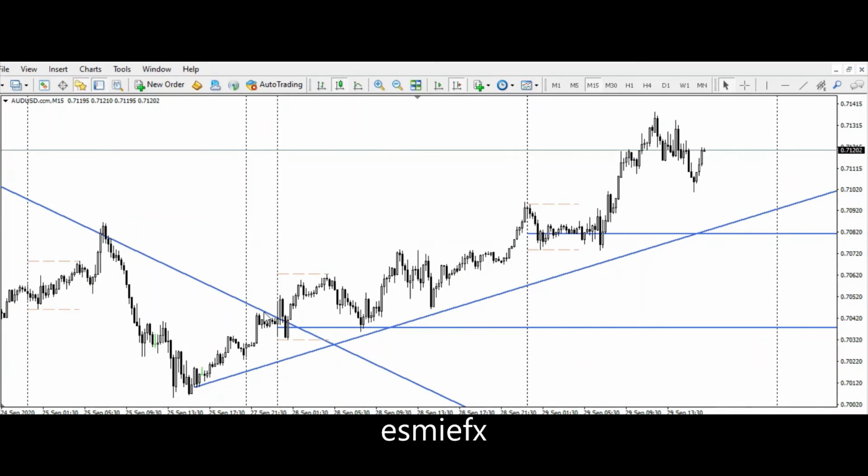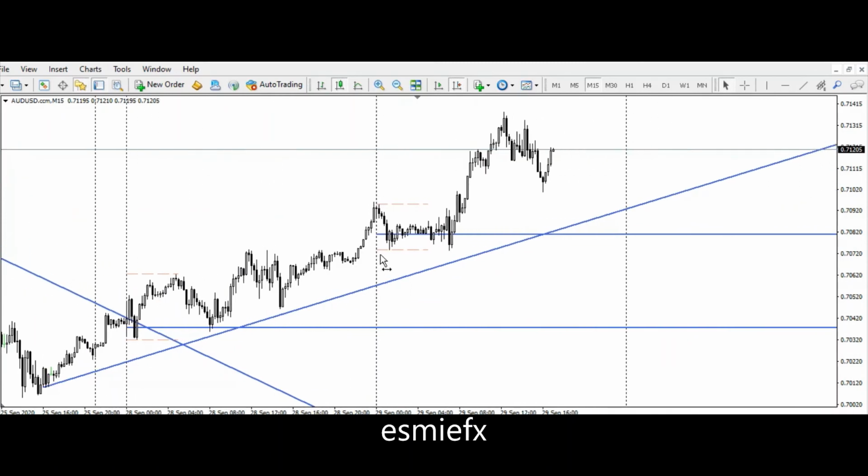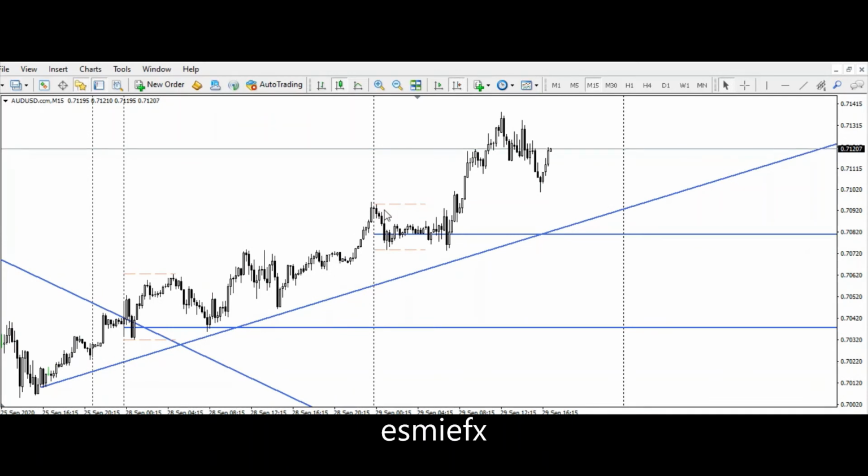So this is where it broke the trend line and retraced. And during Asia, it was in a range, and market structure broke here for today. It broke and then gave a retracement here. This was at 9 a.m. GMT for a trade.